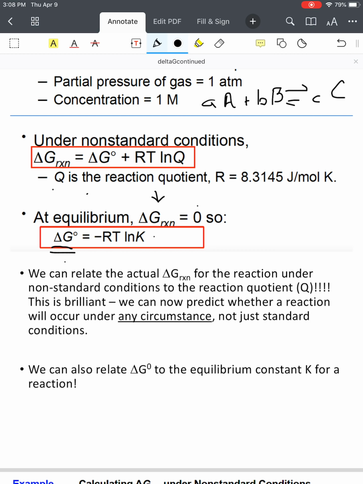Delta G0 has to be equal to negative RT natural log of K, where K is nothing more than our equilibrium constant for the reaction. So the second equation allows us to relate the equilibrium constant K to the value of delta G0.